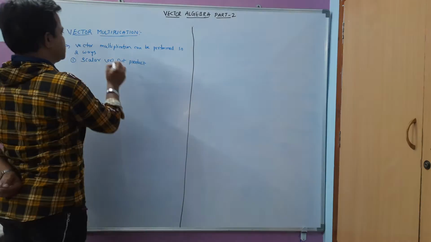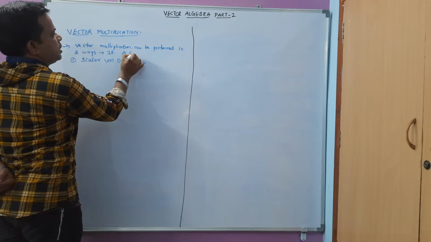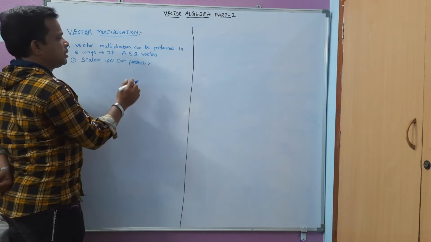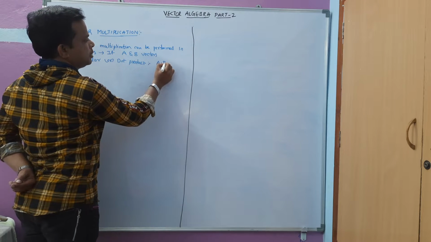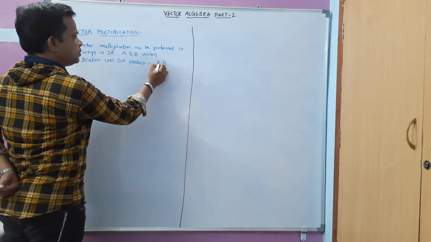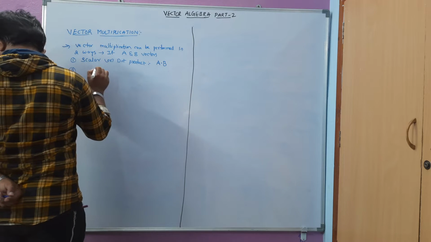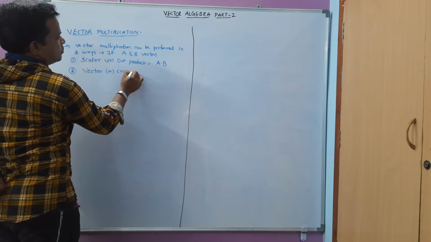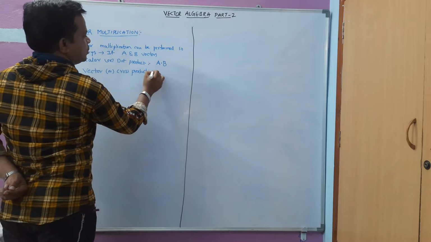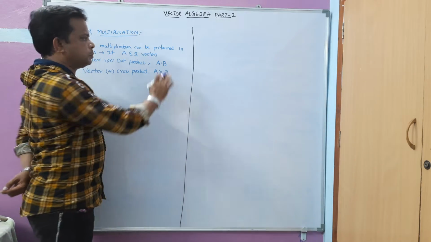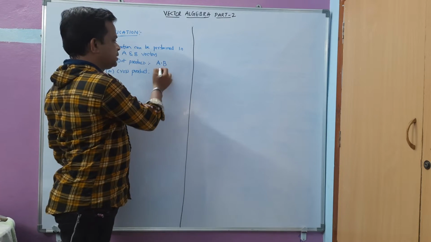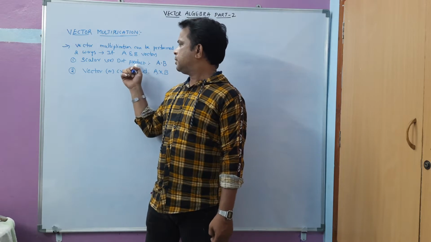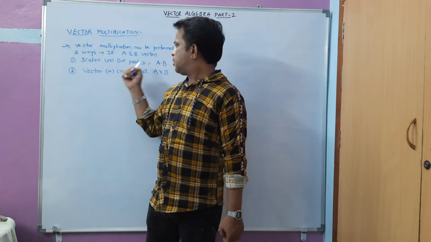If A and B are any two vectors, the scalar or dot product is A dot B. The next one is the vector or cross product, that is A cross B. We need to spell this as A dot B and read this as A cross B. We should not read this as A into B. This is very important, we have to remember what is A dot B and what is A cross B.